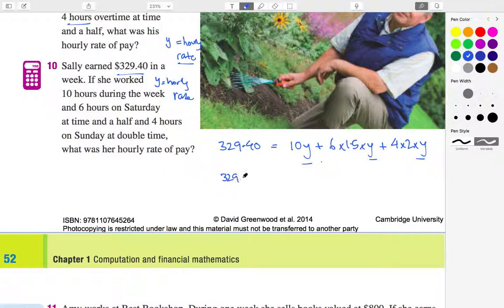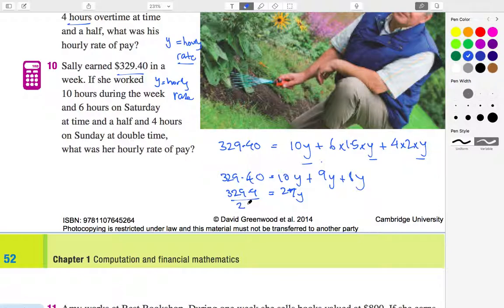So now we need to collect the like terms, but first let's fix those up. So 10Y plus, and then you have 6 times 1.5, which is going to be 9Y, and plus 8Y. So when you add all those together, you're going to have 10 plus 9 plus 8, which is going to be 27. 27Y, and that's going to equal 329.4.